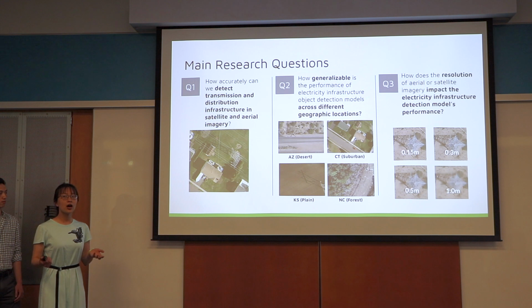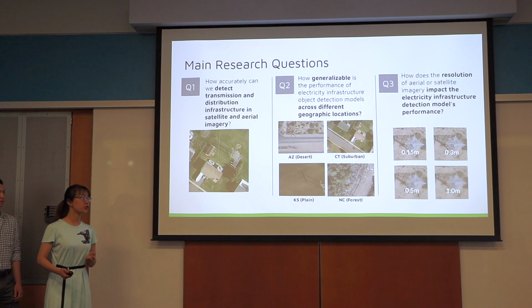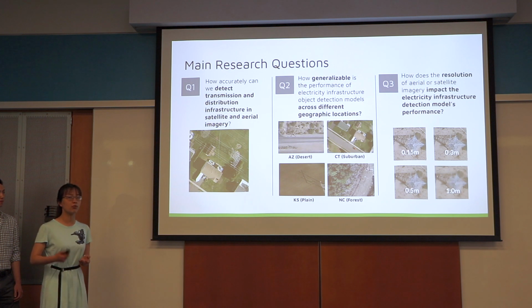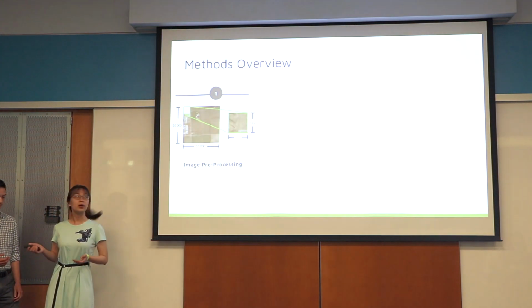So we want to see, as we lower the resolution of the image, how much the performance will decrease, and what the resolution requirement is for us to obtain a model that performs well. So next, I will be handing over to Ben to talk about the method.